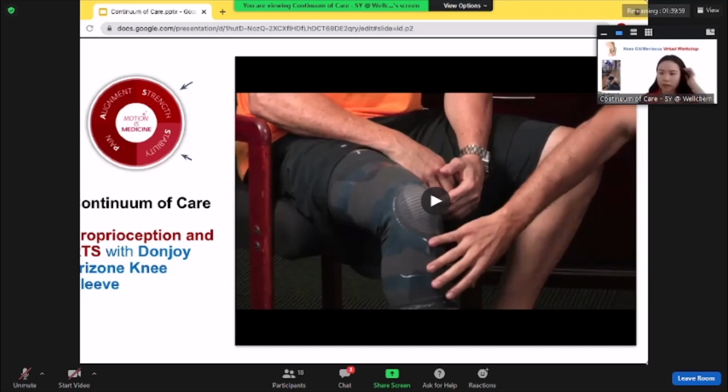This is why I would like to introduce another proprioceptive knee brace called the Trizone. I think some of the tech centers have this Trizone knee brace, but not all, I think. The Trizone is indicated for anterior knee pain and patellofemoral pain. It also has a unique knit design, which provides targeted compression around the knee. Let me just play this introduction video.